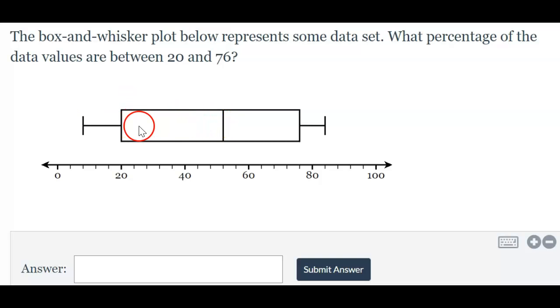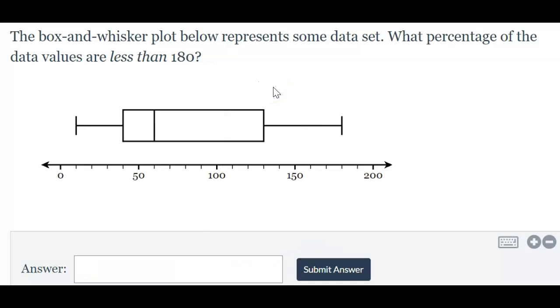Also, the median is technically known as the second quartile. Another 25% from the median to the upper quartile, and another 25% between the upper quartile and the maximum. So we know there's 25% from here to here, and 25% from here to here. So there is going to be 50% between 20 and 76.